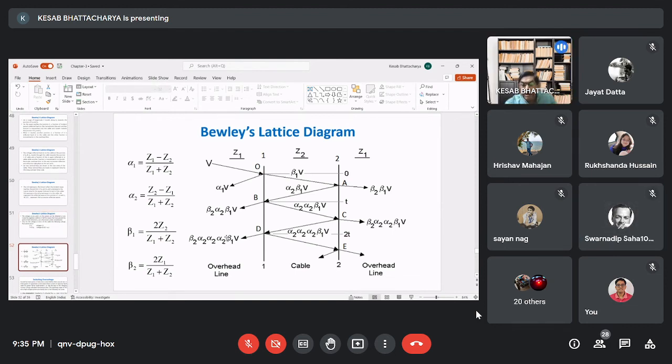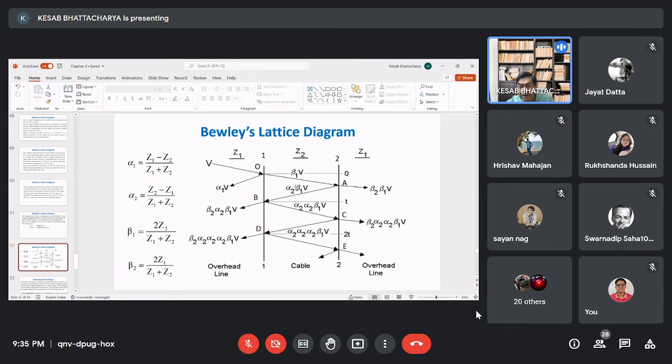Now this beta 1 into V, on reaching junction 2, a part of it will be transmitted forward into line 2, and a part will be reflected back into the cable. Now, to find the reflected voltage wave, what do we have to do? We have to multiply beta 1 into V by the reflection coefficient.